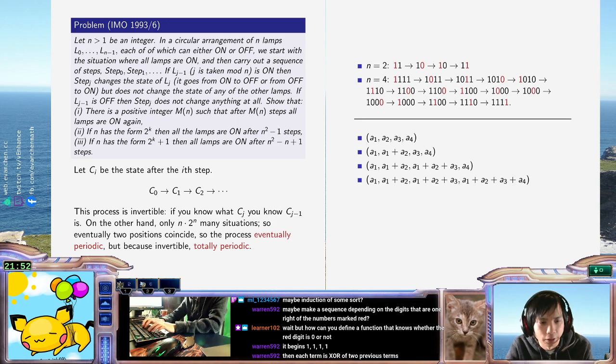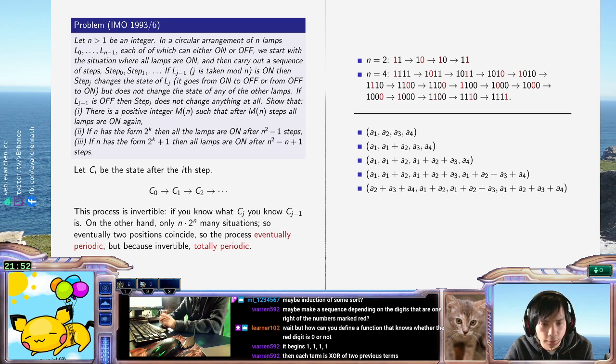Okay, so this pattern is pretty clear. And yeah, that should be true. So if I interpret this thing in linear algebraic terms, what is this matrix?